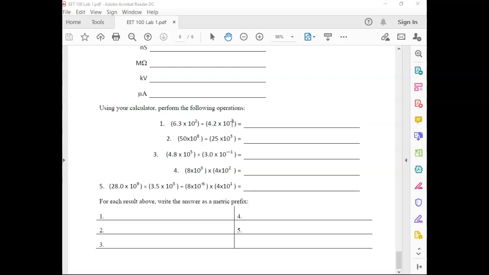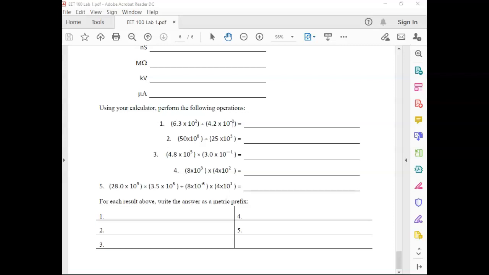So we start off with 6.3 times 10 to the second, and we're dividing by 4.2 times 10 to the negative 1.